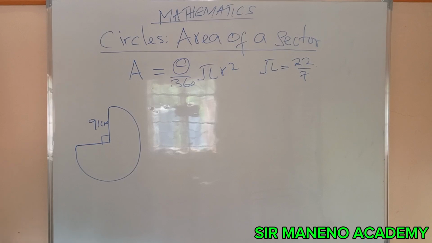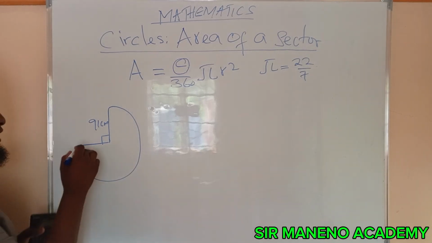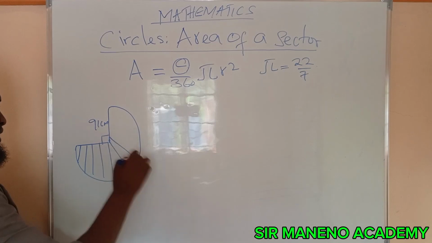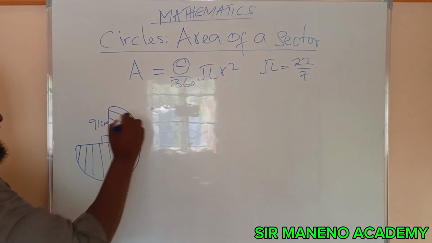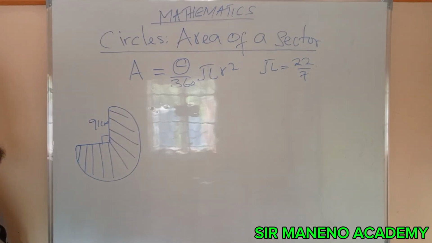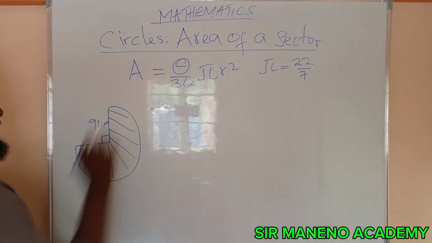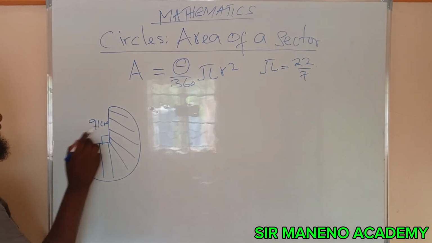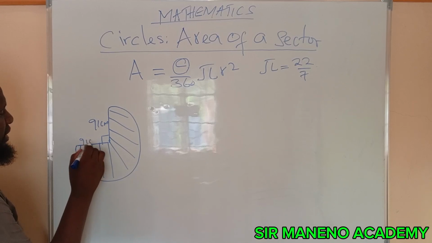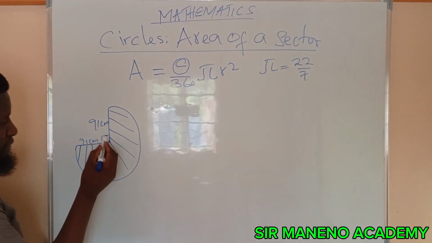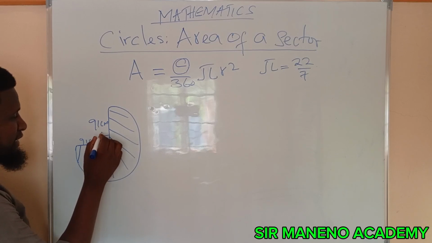This is now another example we have here. You are told to calculate the area of this sector here. This area. So what do we do? Here, first of all, you must find theta. Now, 91 centimeters is radius. This is the center. And I said, when we have this sign here, it means this is 90 degrees.